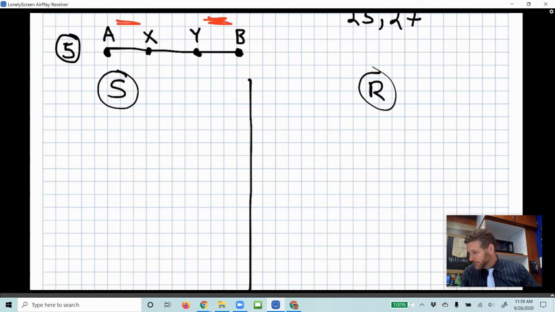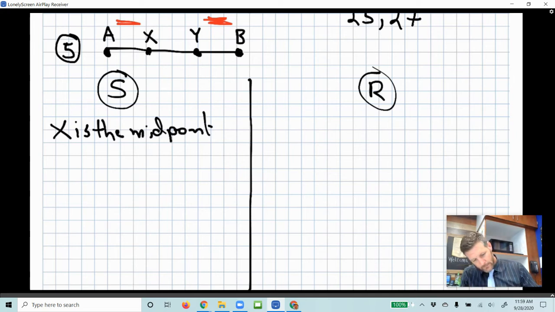So I'm going to put that. X is the midpoint of AY. So what that means is that X equally cuts AY into 2 equal halves.